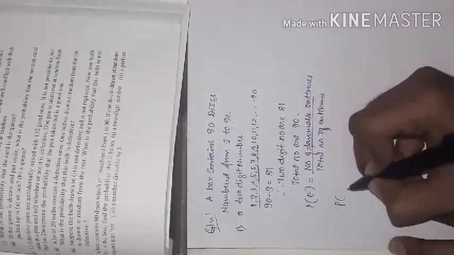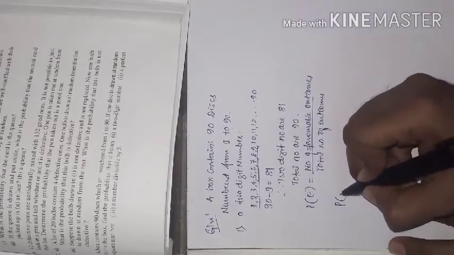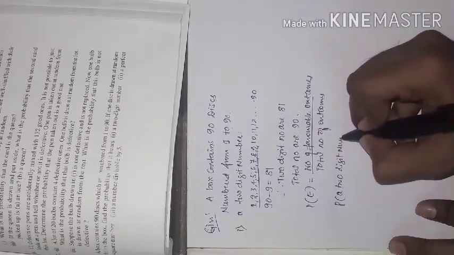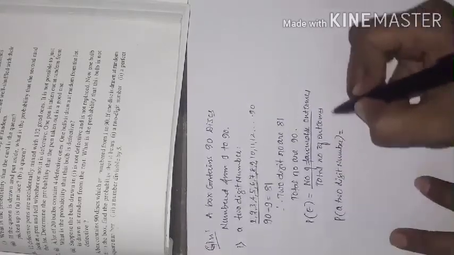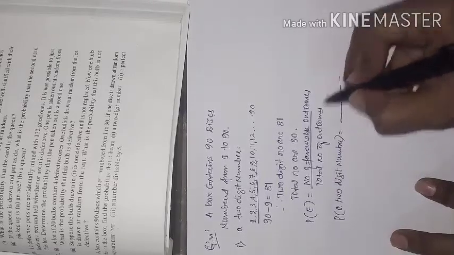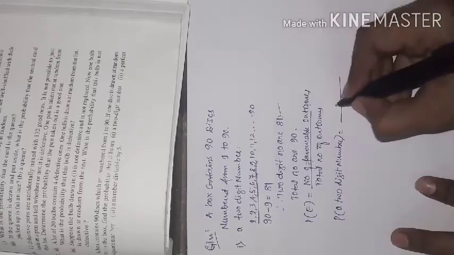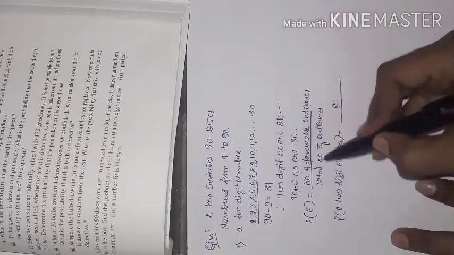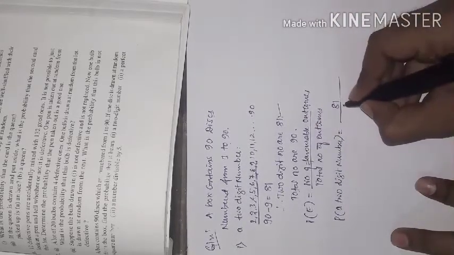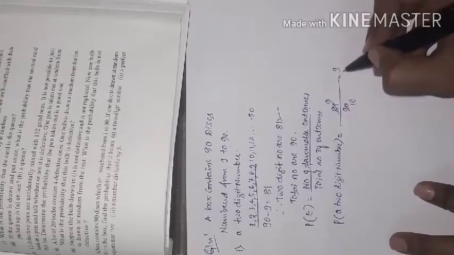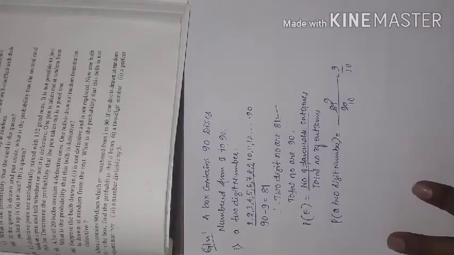So for the first question, a 2-digit number: favorable outcomes are 81, and total outcomes are 90. We can cancel this: 9 nines are 81, 9 tens are 90, so it is 9 divided by 10. This is about the first question.